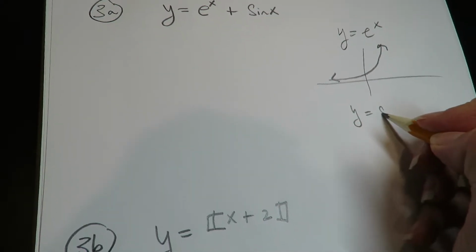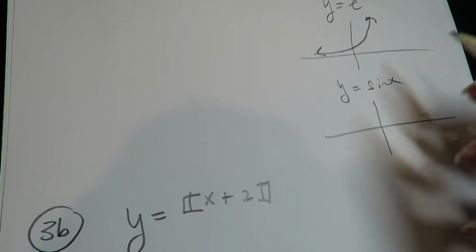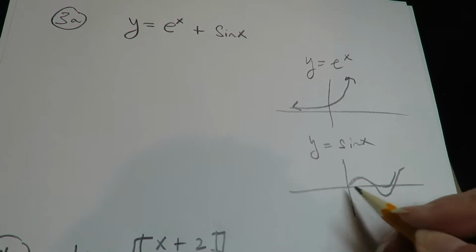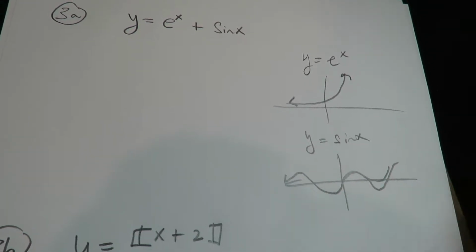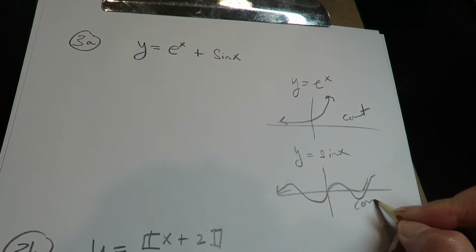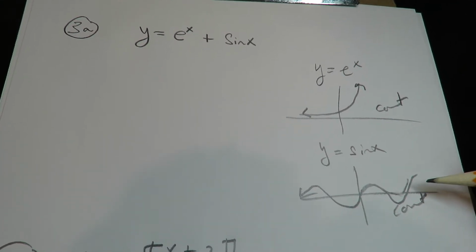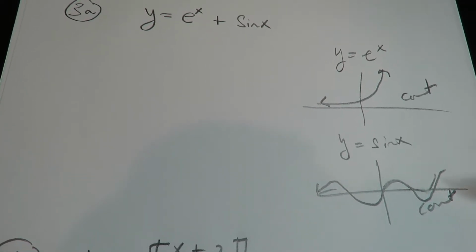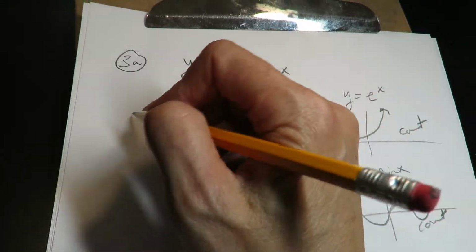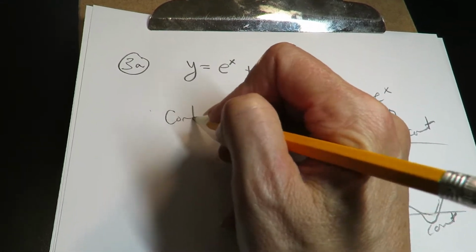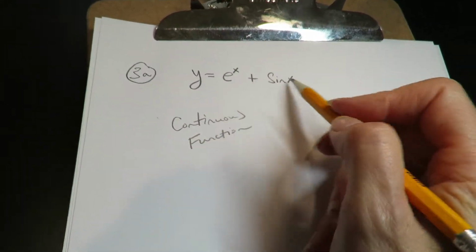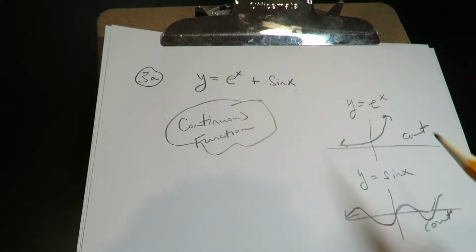If you take sine of x, that is a continuous function. So these are both continuous functions. If I add or subtract them together, the result will also be continuous. For 3A then, there's no discontinuity. This is a continuous function because you are adding together two continuous functions.